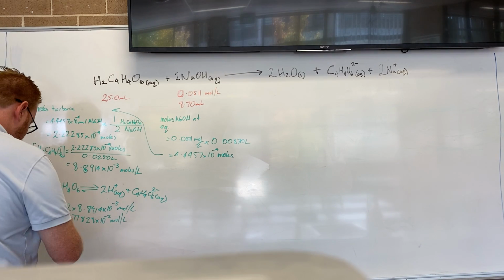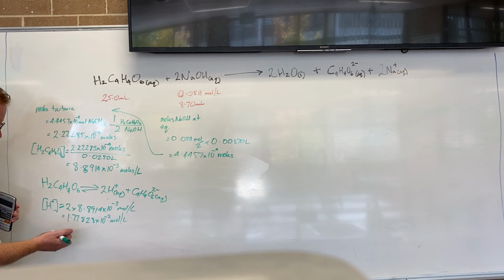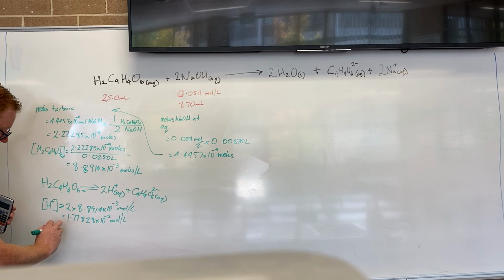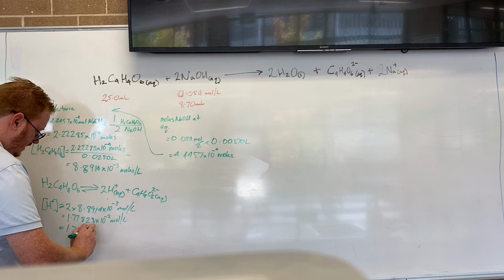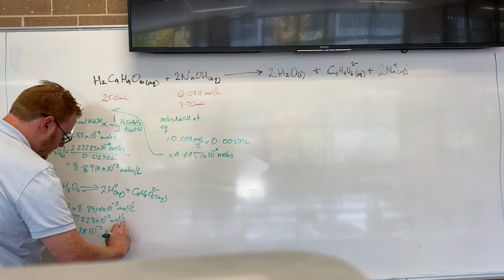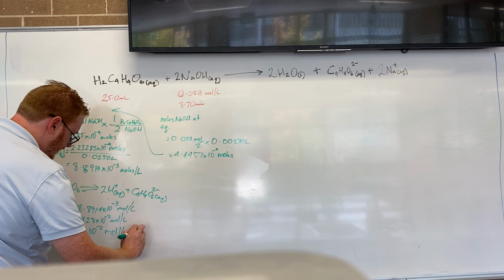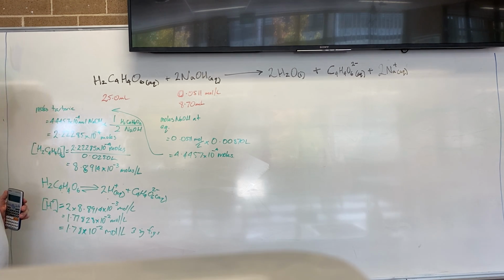Let's do it to 3. 1, 7, 7 are your first 3 significant figures. The fourth is 8, so this 7 needs to go up. 1.78 times 10 to the negative 2 moles per litre. 3 sig figs. That's terrible writing.